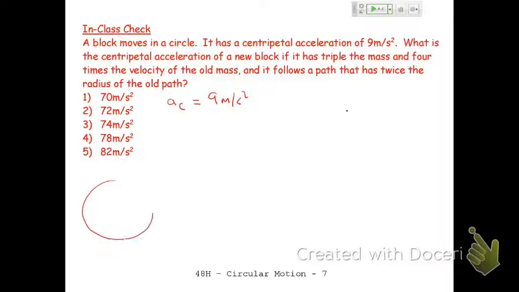What is the centripetal acceleration of a new block if it has triple the mass, 4 times the velocity of the old mass, and it follows a path that is twice the radius?